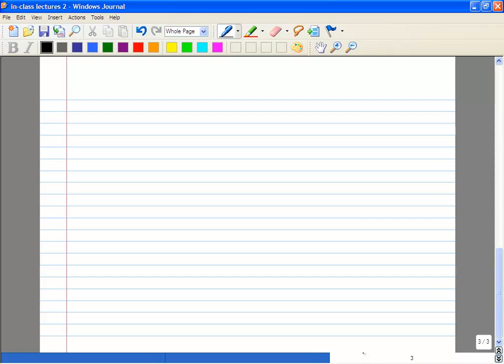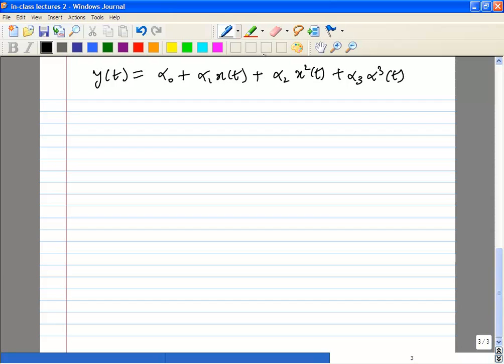Okay, so let's go back and look at the different terms coming out of it. Let's assume the input-output response is alpha naught plus alpha 1 x of t plus alpha 2 x squared of t plus alpha 3 x cubed of t.